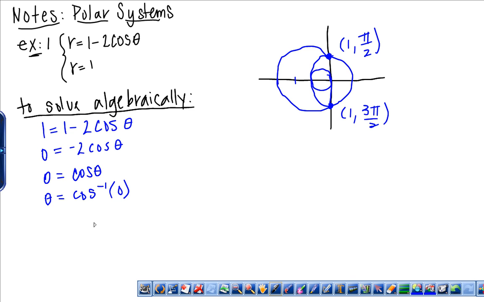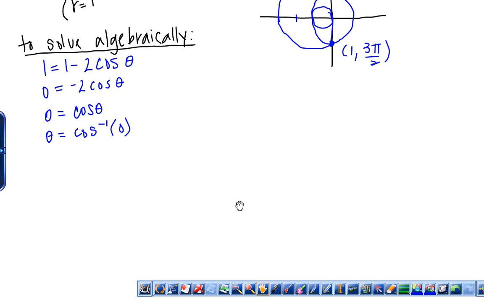At this point, what you're going to do is find your general solutions. Now, this shouldn't be hard. I hope you can remember this. So I'm going to write down general solutions. Remember, when you're finding your general solutions, you're trying to see where cosine is 0. At this point, you might need to write down your OIO chart.